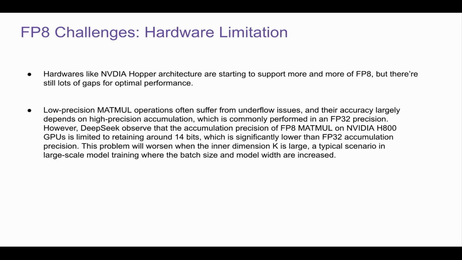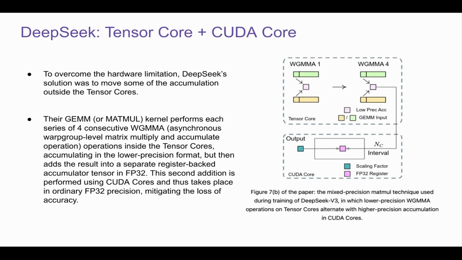So their solution is to use a hybrid approach: Tensor Core plus CUDA Core. Usually everyone just uses Tensor Core, and CUDA Core is, to my understanding, one layer down. To overcome the hardware limitation, DeepSeek moves some of the accumulation outside the Tensor cores. The matrix multiplication kernel performs each series of 4 consecutive WGMMA, which means asynchronous warp group level matrix multiply and accumulate operations.